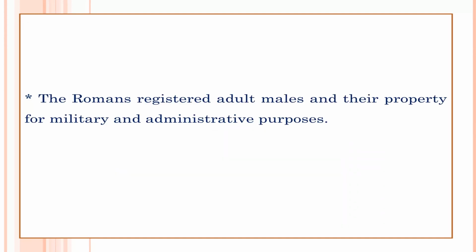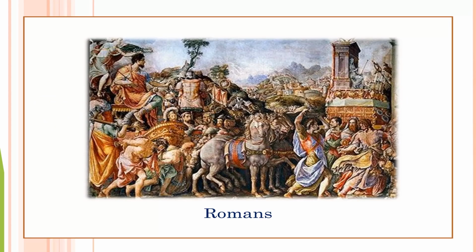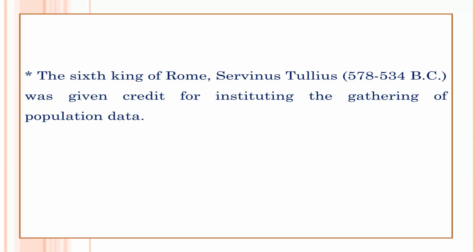The Romans registered adult males and their property for military and administrative purposes. Statistical tools were used by the Roman people. The sixth king of Rome, Servius Tullius, was given credit for instituting the gathering of population data.